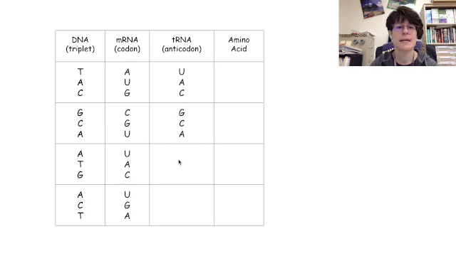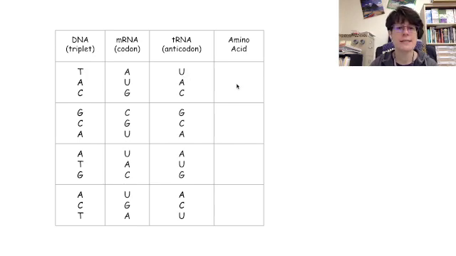So we get GCA, then AUG, and ACU. Okay, so also notice this is a good check. If you look at the DNA and the transfer RNA, the code is the same except that instead of a T, there's a U. So that is a good check.